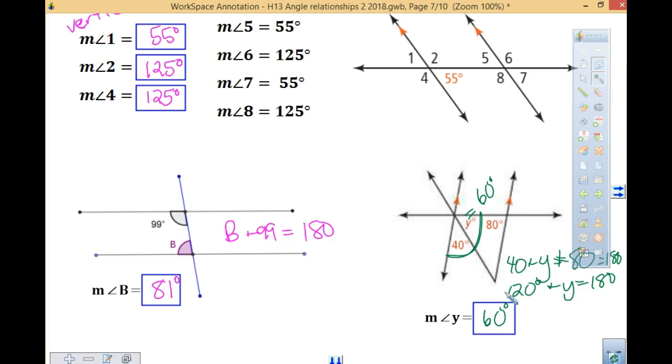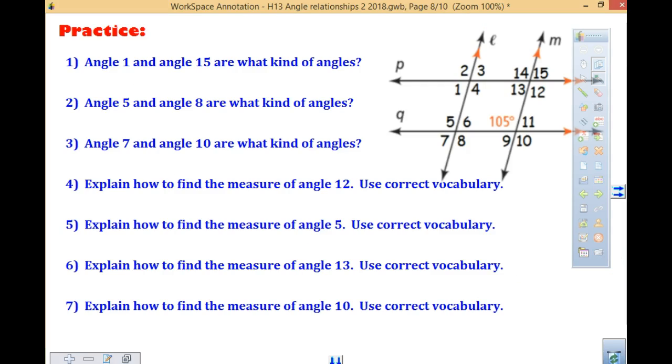So when you're doing your homework tonight, you're going to have a picture something like this one, and you're going to be asked first to name the types of angles. When you are naming the types of angles, the first thing we want to take a look at, 1 and 15. So key thing is on our two pictures here, these lines are parallel.